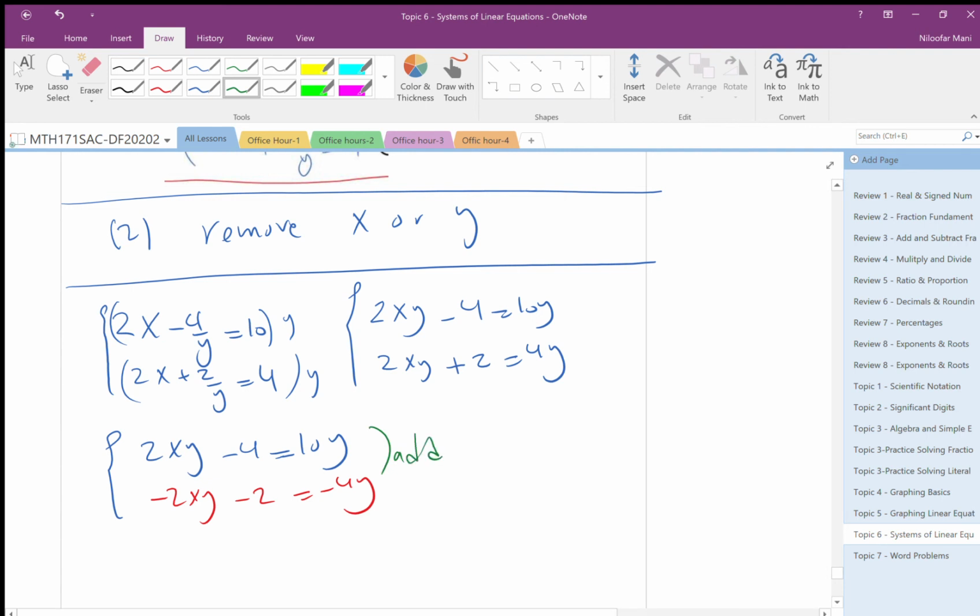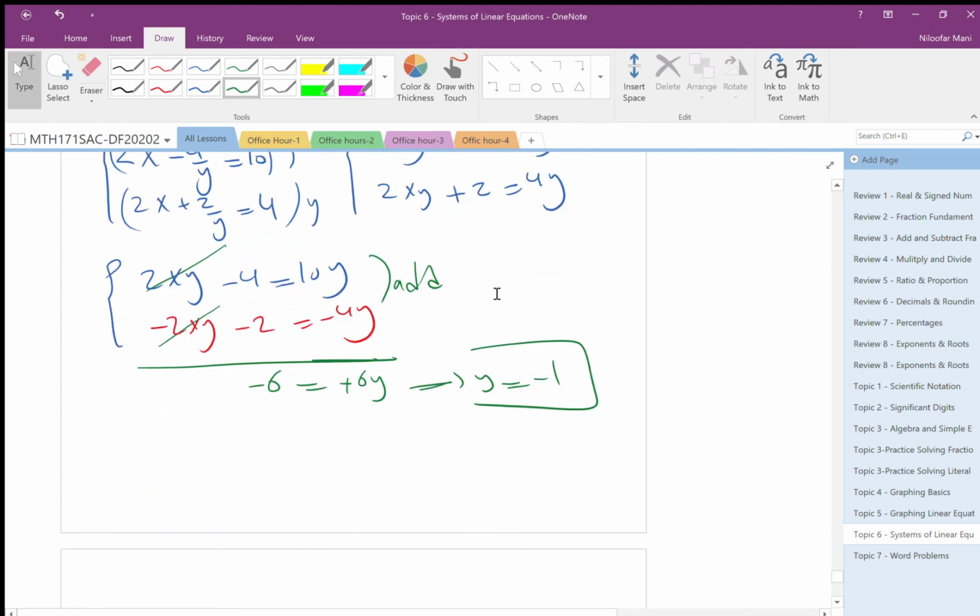Okay, so now when I add them, I have 0. I remove that, so I have minus 6 equal 6y, and then I can say y is minus 1. And then I can find x. Okay, so the rest, finding x and checking, can be homework.